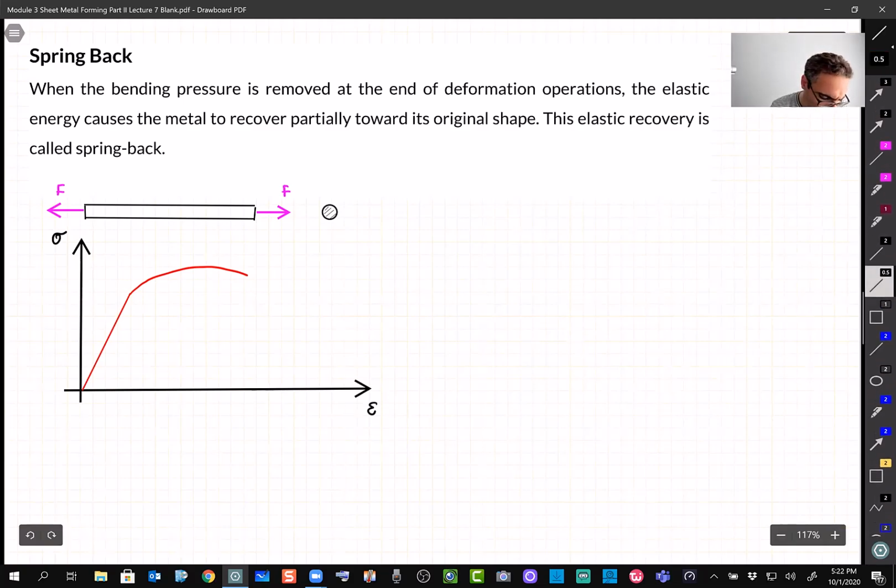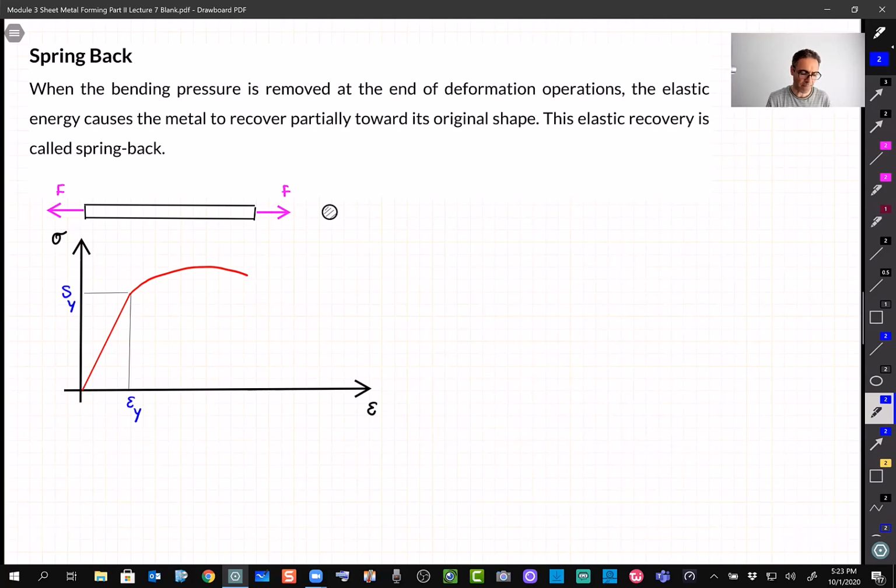Up to this linear point we call it the elastic region, which corresponds to this point, epsilon y, and the stress we get is Sy, the yielding strength of the material, all right?